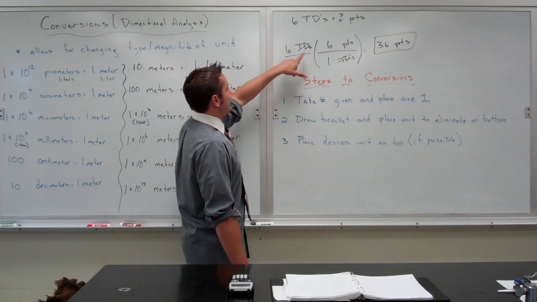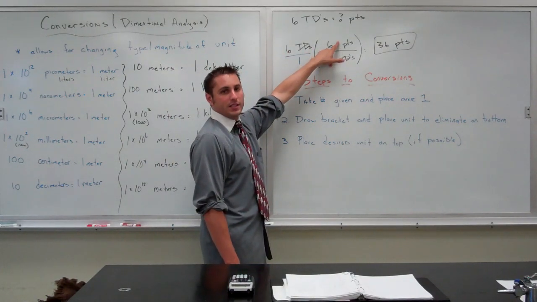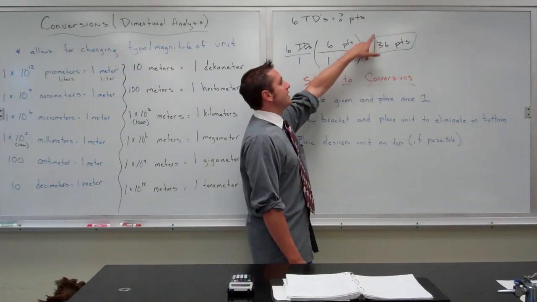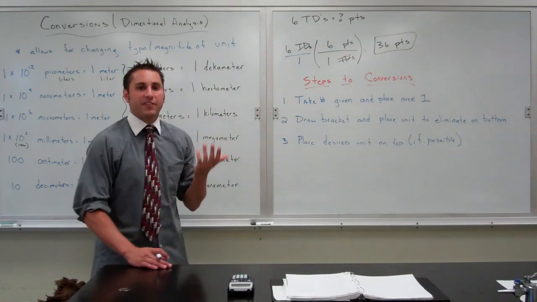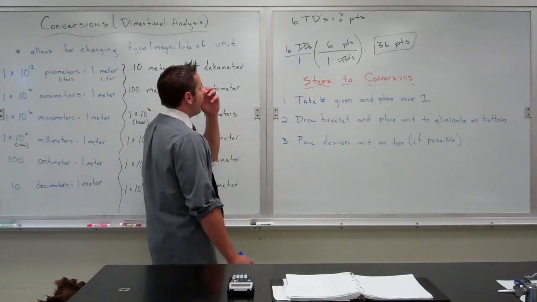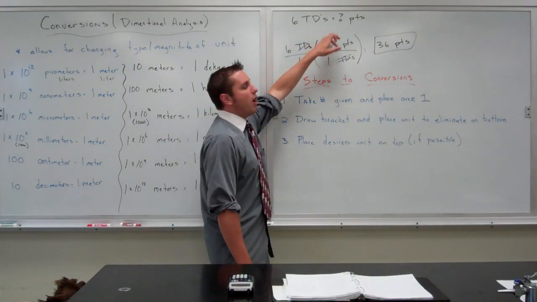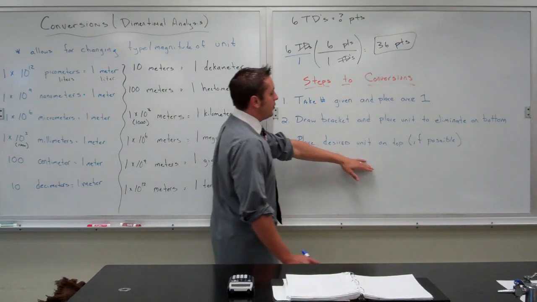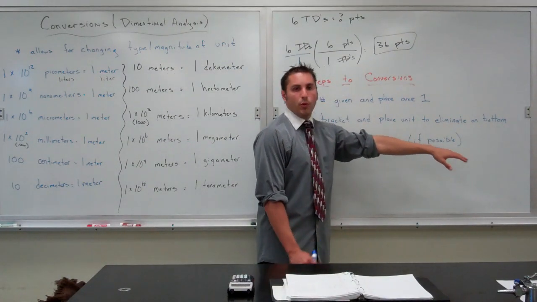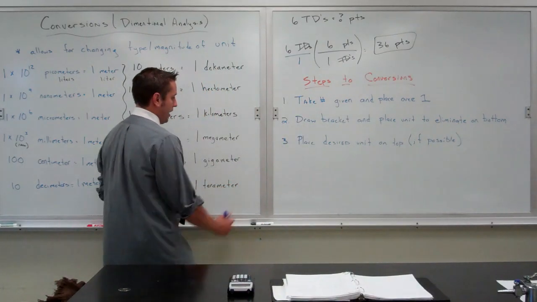So what they would do is they would convert touchdowns to points and then go points into field goals because they didn't know that a field goal was worth half of a touchdown, so to speak. So they take one conversion they know and follow it with a second one that relates to it. So we place the desired unit on top, if possible in one step, but if not, in multiple steps.